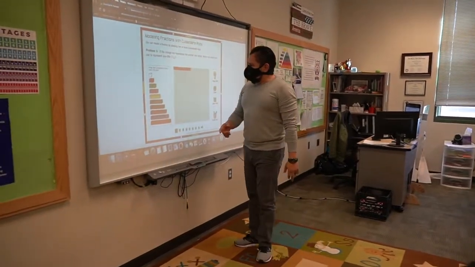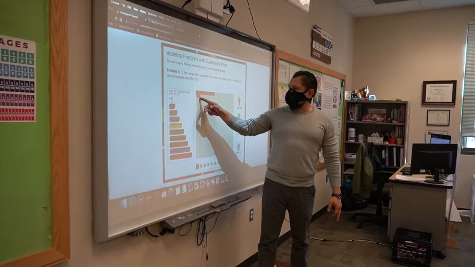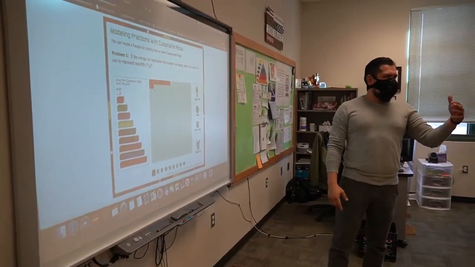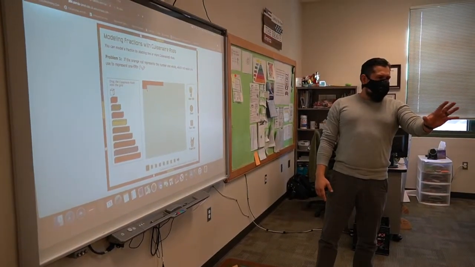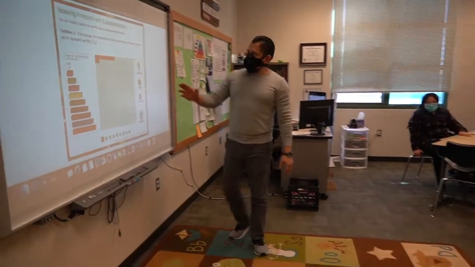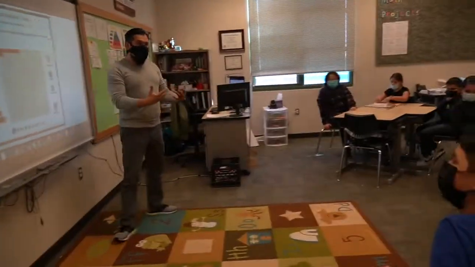And both of these teams picked the red rod. And so I'm gonna give an opportunity to Anthony. Can you tell us why your team thought that the red rod would represent 1/5?